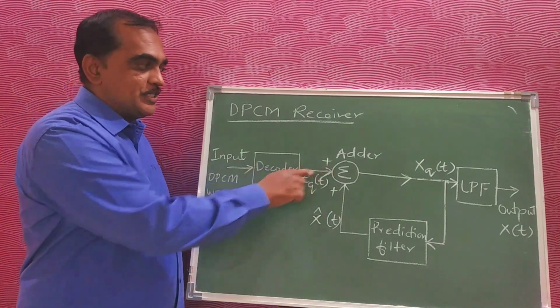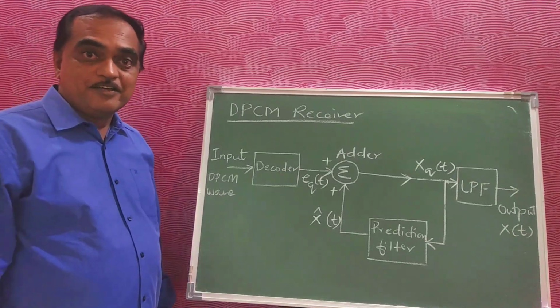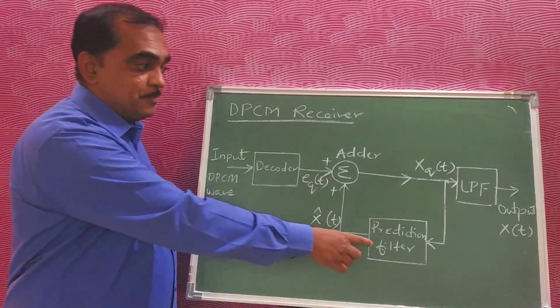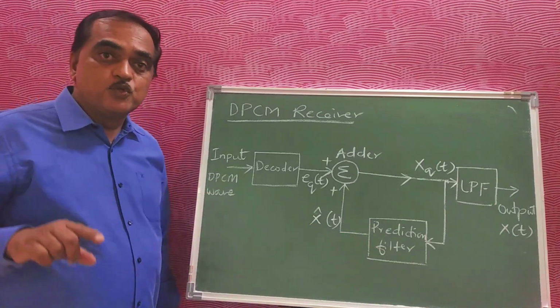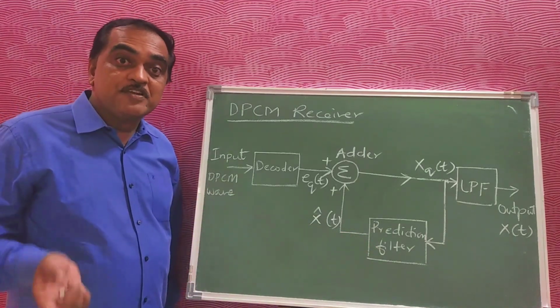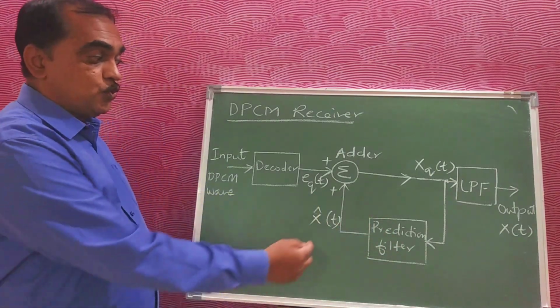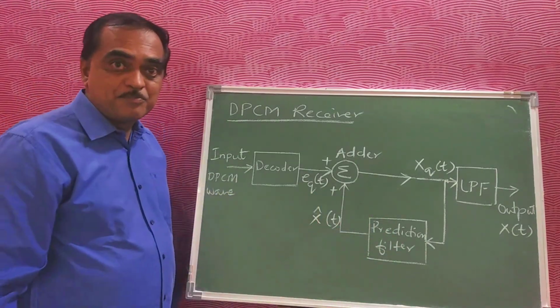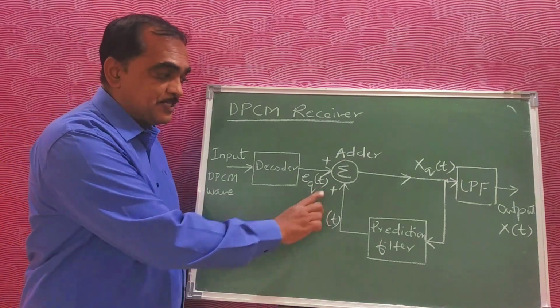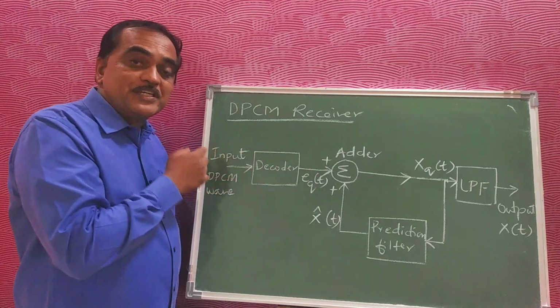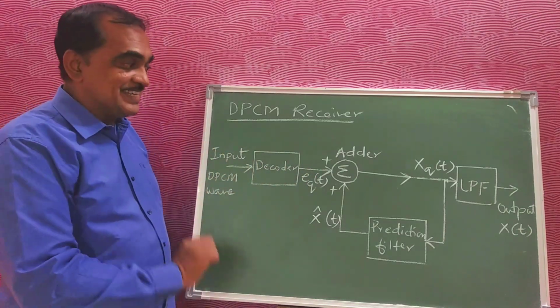Now that eq(t) is added to a predicted value. The same type of prediction filter we used in the transmitter is used in the receiver also, which will give you an output called x cap t. That x cap t is a value to which this error value that came from the transmitter is added.